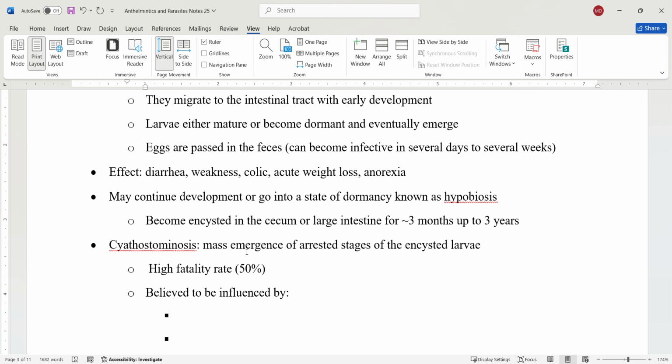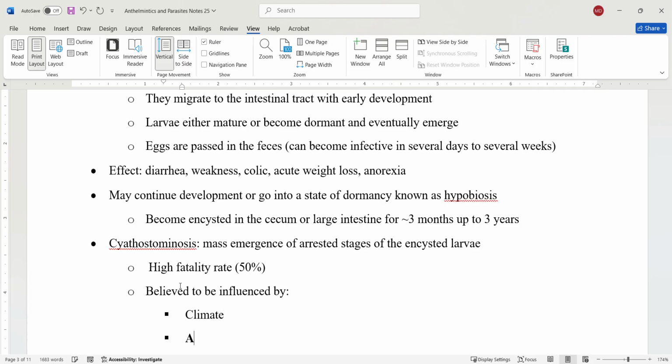As a result, prevention is ideal, but when we don't know what causes it, it's hard to prevent. It is believed to be influenced by things like our climate, so that these small strongyles might encyst in the winter and then emerge in the spring or the summer when conditions are more suitable to them being alive.